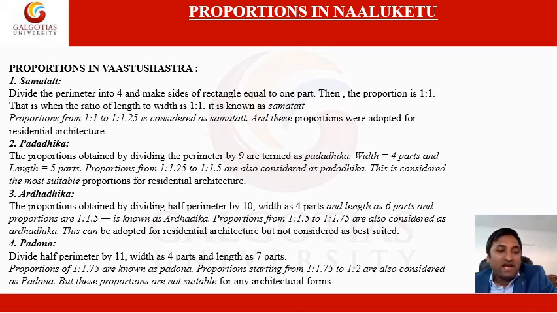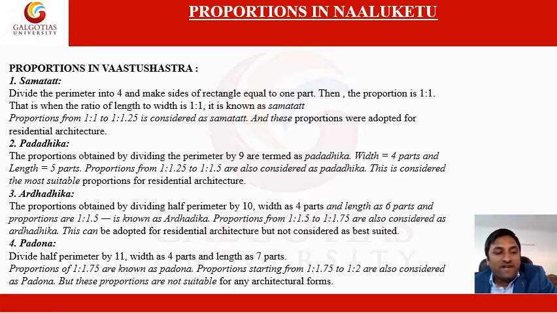Again, the Aradhika: the proportion obtained by dividing the half of the perimeter by 10, width as 4 parts and length as 6 parts. Proportions from 1:1.5 to 1:1.75 are considered Aradhika. This can be adopted for residential use but is not considered best suited.